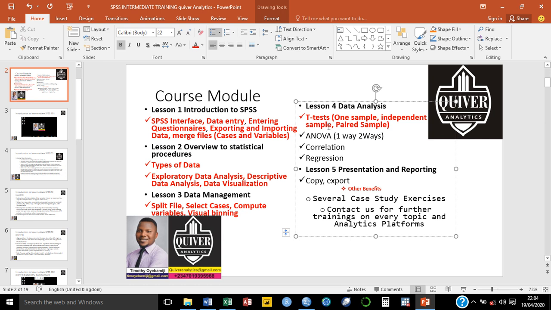But once the factors are more than two, if they are three, then you use one-way ANOVA. When they are two, you can also use one-way ANOVA. From two, three upward, you can use one-way ANOVA.